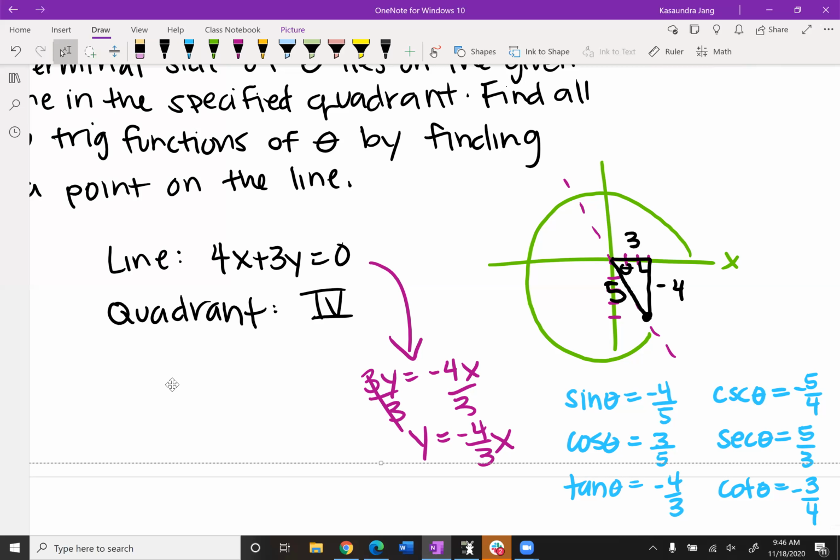No questions at all? Here's my question. Do you guys ever have a negative radius? No, it's always been positive. That is true. My radius should always be a positive number, so just beware of that. But are we okay on this one?